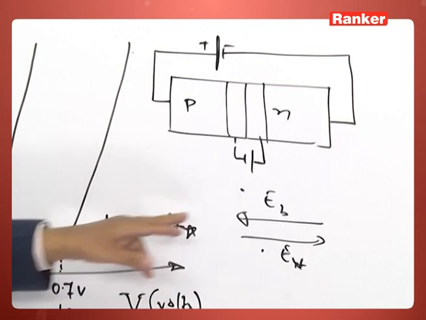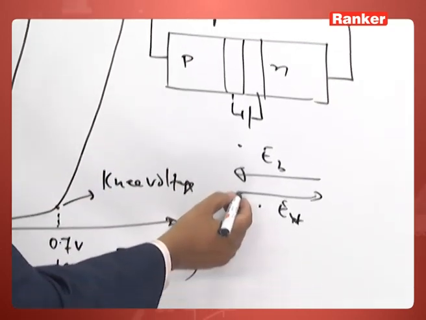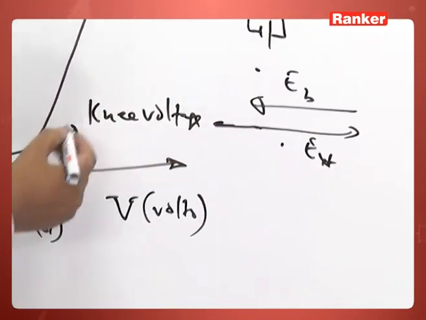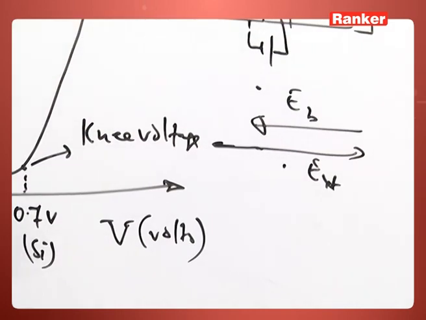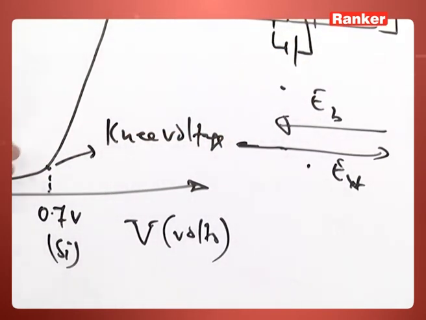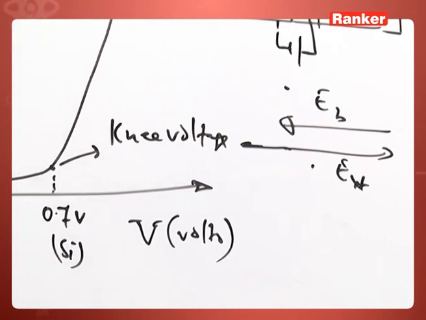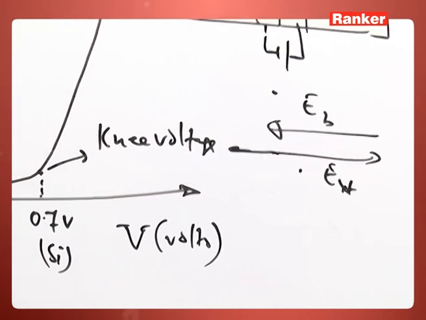Thereafter, this barrier field is less and the external field is more, and as a result this becomes a conductor and the current grows linearly, where Ohm's law can be followed.